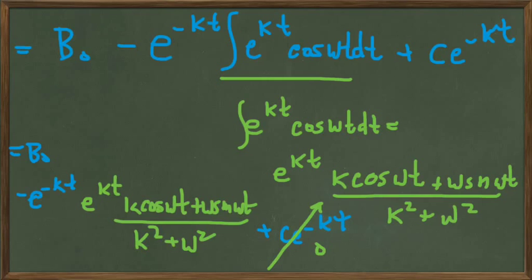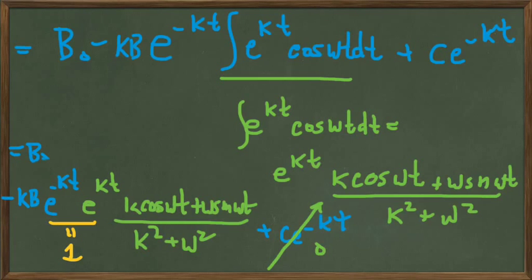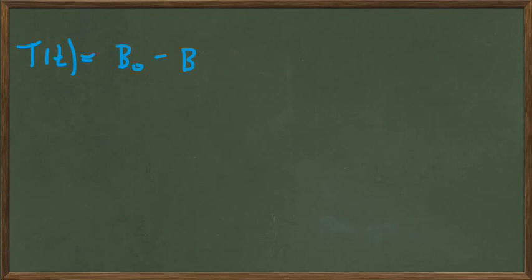So let's look at what we have here, and notice that this part right here is just 1, and so here's what we get. I had forgotten to carry forward the kb here and here, so when we combine all this together, here's what we get.